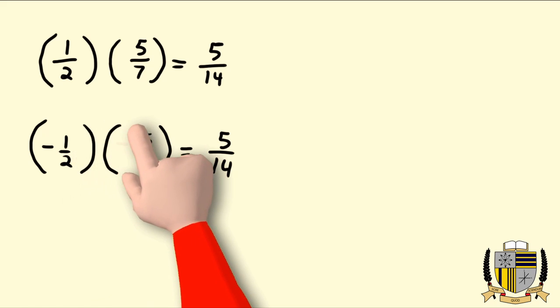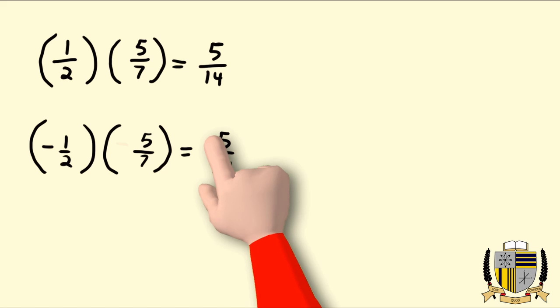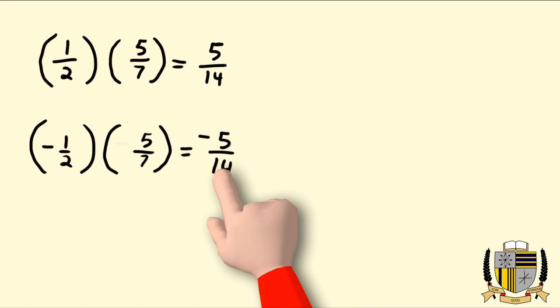But here's the multiplication of different signs. So your answer is going to be a negative. This is going to be a negative fraction. So you're going to see things like this, and you just have to keep in mind your signs.